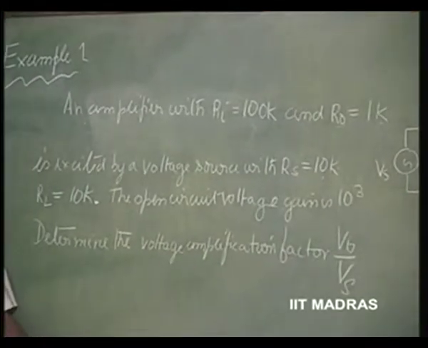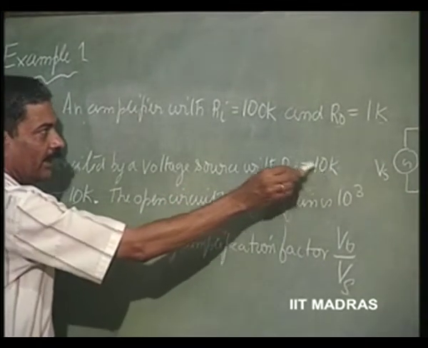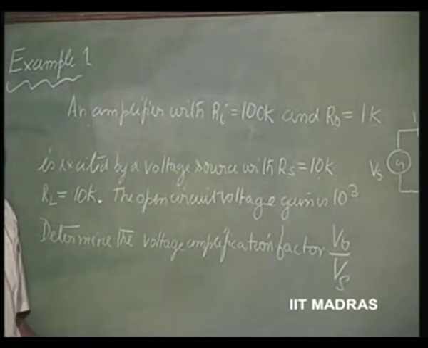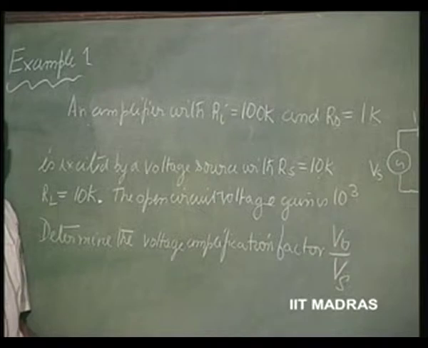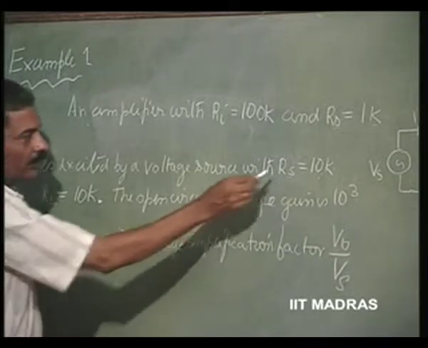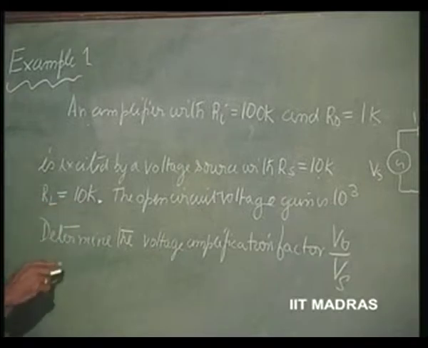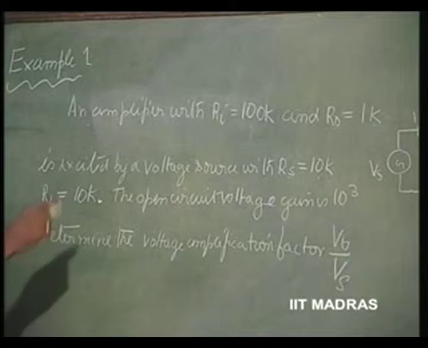So, automatically source resistance is 10 k and Ri is 100 k. So, it is a voltage controlled block. So, Rs equal to 10 k and RL equal to 10 k. Obviously, at the output resistance is 1 k and load resistance is 10 k, it is voltage source.